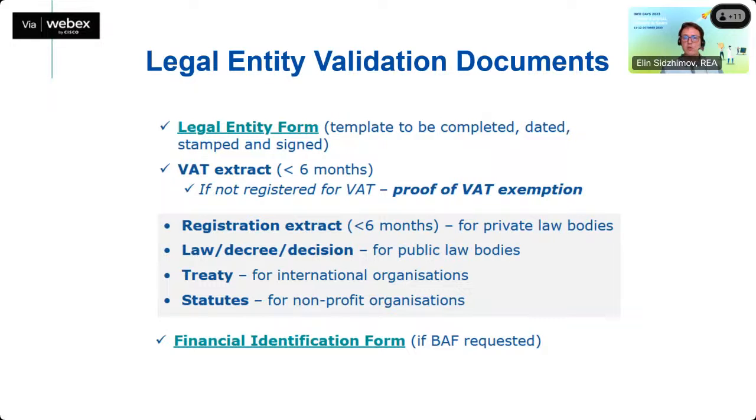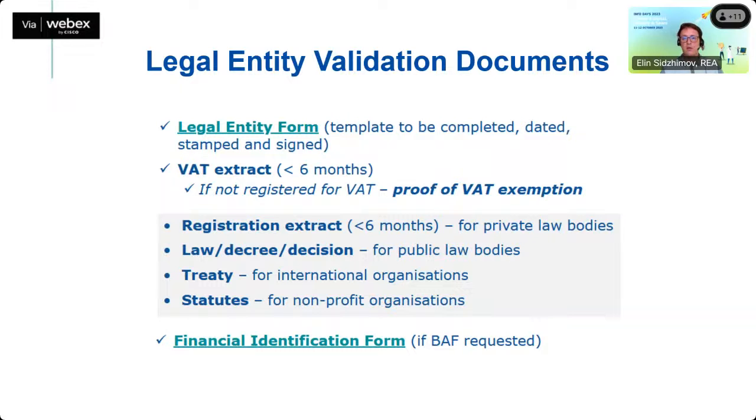For the international organization, this is the treaty that it was created with. And for non-for-profit organizations, usually the non-for-profit status is indicated in the statutes. Therefore, we request this document. When a bank account file needs to be created, we also require a financial identification form.